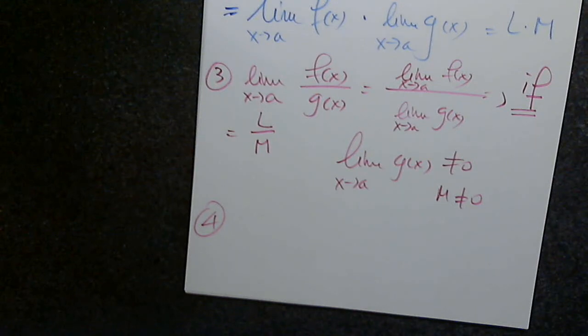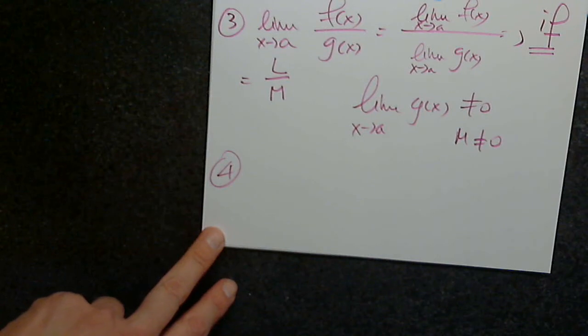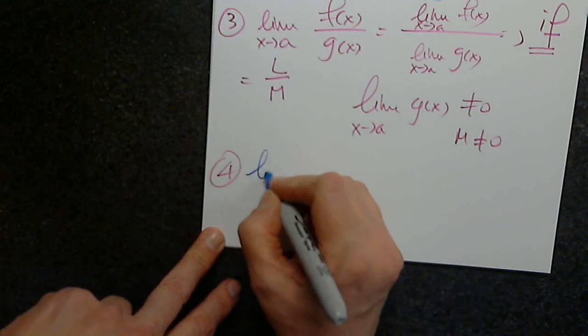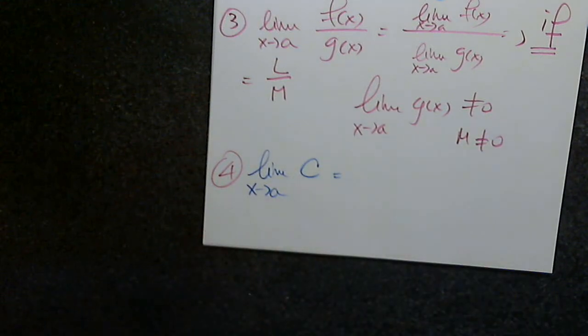Any questions so far? So the limit of a ratio is the ratio of the limits. Okay, so next one. Limit of a constant as x approaches a from either side.